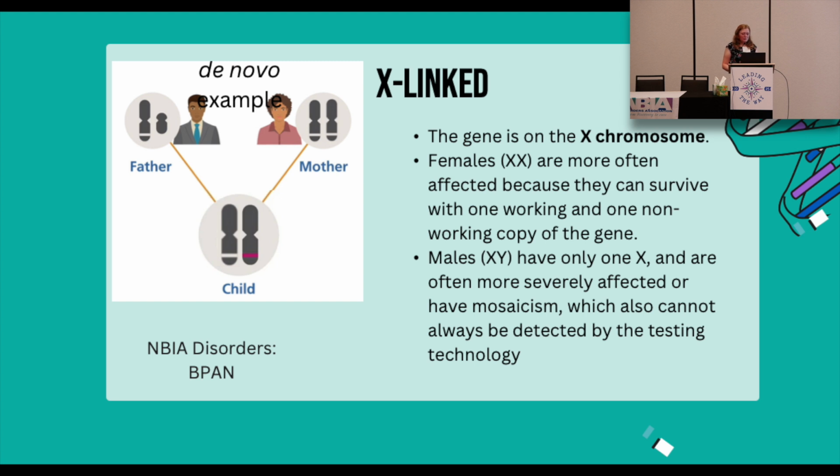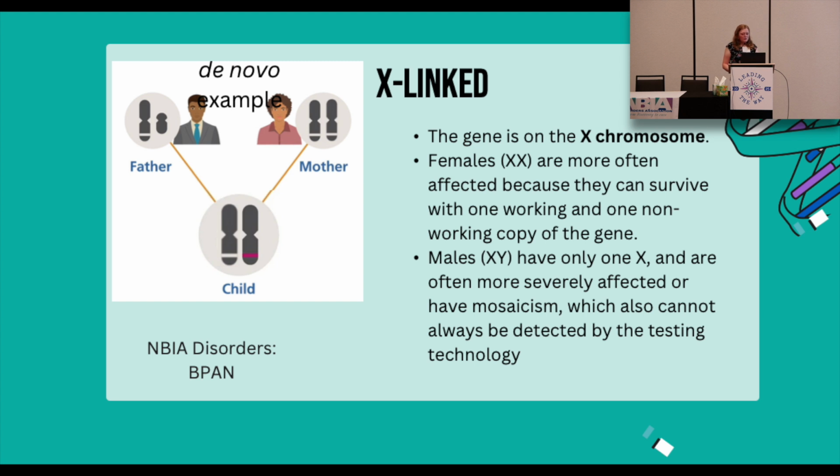So with BPAN, there tend to be a lot fewer males, and that's thought to be because these are all de novo, or mostly new in the children, the pregnancies don't make it to term, or the pregnancies do, and sometimes the children are very affected, or they have mosaicism, which lowers the levels of WDR45 mutations in their body.